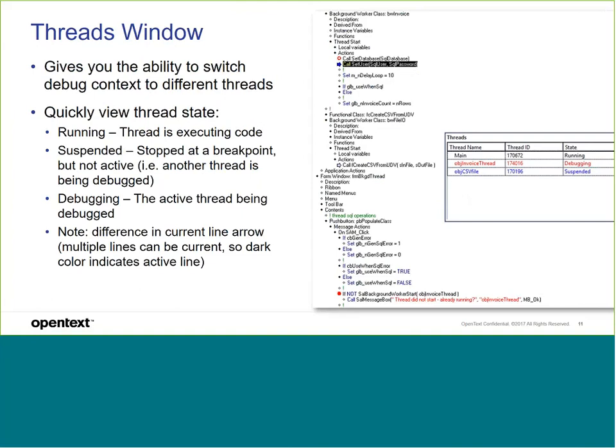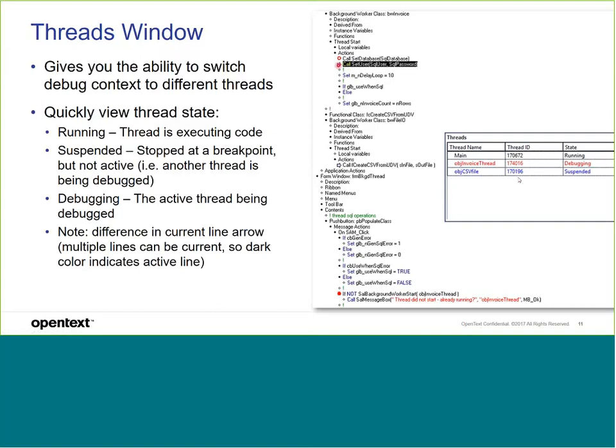You see that this thread debug window lists the currently active threads, and also lists the state the thread is in. The main UI thread is running, then one thread is being debugged, the one in red, and one thread is suspended, which is waiting to be debugged. And in the code, you see that you can now have multiple places where the current code executes.